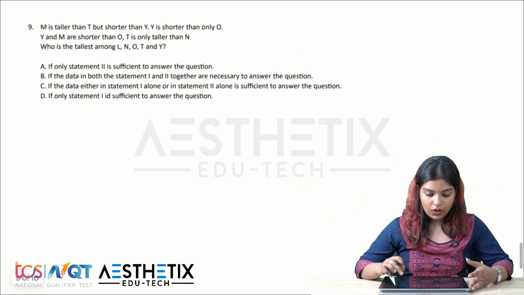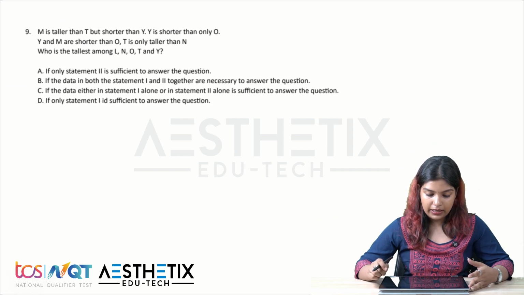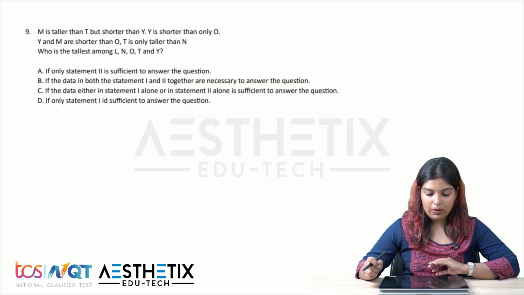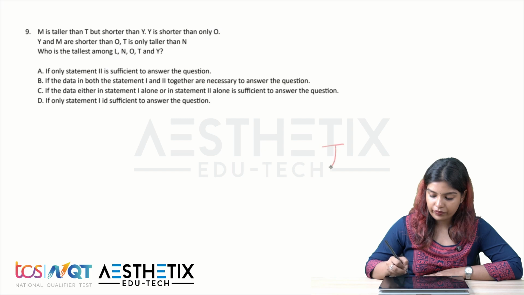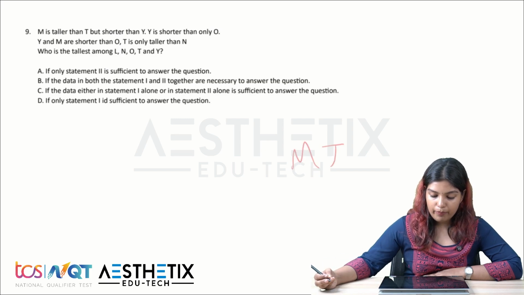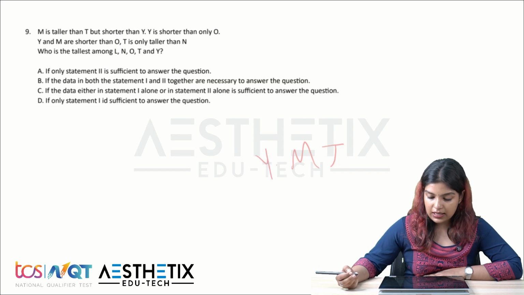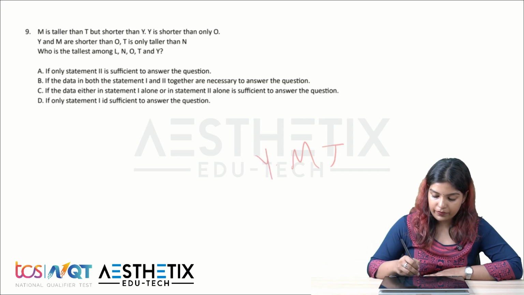Okay. So M is taller than T but shorter than Y. The next statement, Y is shorter than only O. Y and M are shorter than O. T is only taller than N. Who is the tallest among N, L, O, T and Y is the question. Okay, so M is taller than T but shorter than Y. Y is shorter than O only.